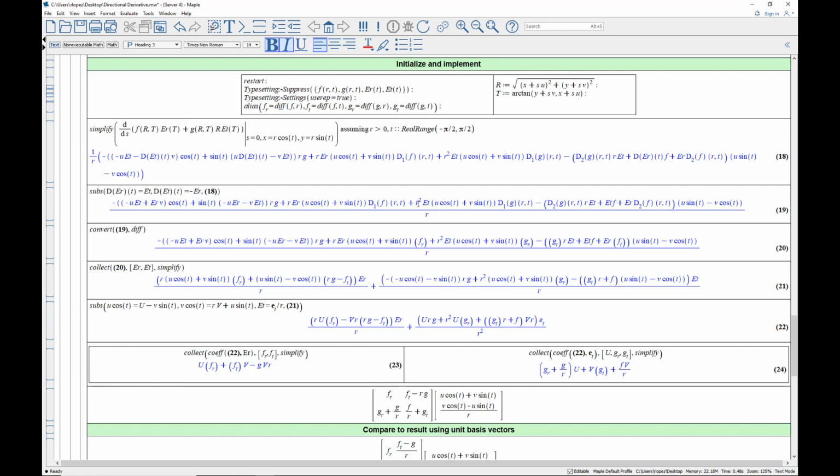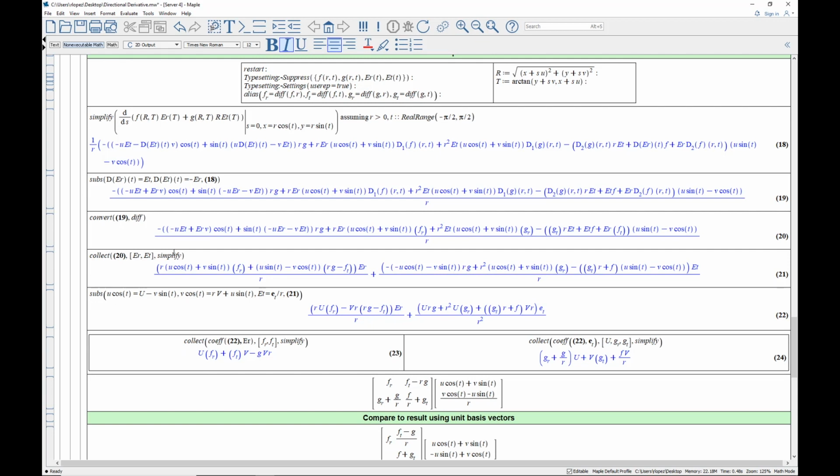So that's a little bit shorter. Convert this to diff notation so that the typesetting commands allow derivatives on f and g to be represented in terms of subscripts. So you can see now you have subscripts that represent derivatives.